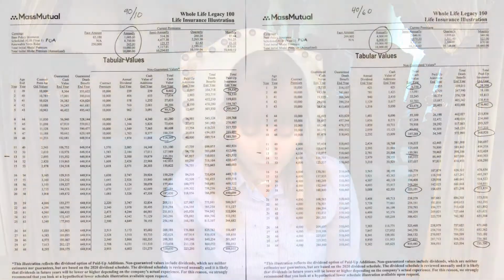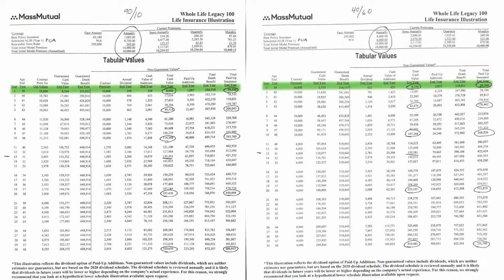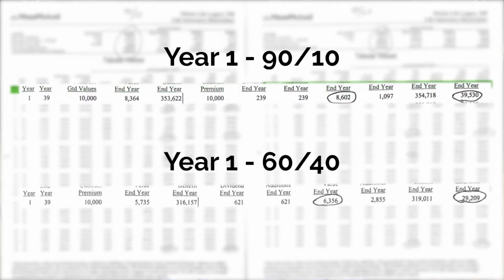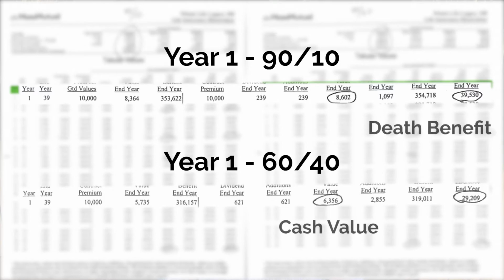In year one of the policy, I can see that my 90-10 illustration is giving me the best cash value and death benefit. I'm looking at my total net cash value and my total net death benefit within these policies. In year one, I have $8,600 in my 90-10 illustration.